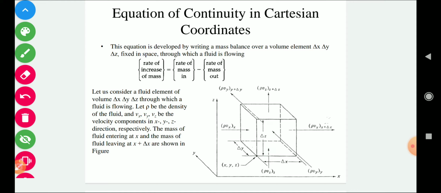Similarly, we can get the mass flow rate out from the controlled volume at x plus delta x.